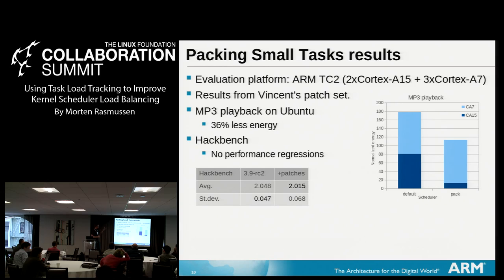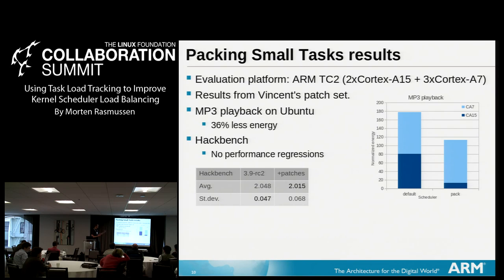So you see, for this particular platform, we selected the targets such that the Cortex-A7s, which are power efficient cores, were the targets for the small tasks. Of course, we don't want to pack small, noisy tasks on big, less power efficient CPUs. We want to run them as cheaply as possible. So on this setup, the small tasks were packed on Cortex-A7s.